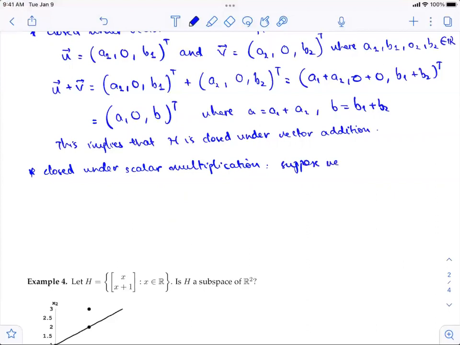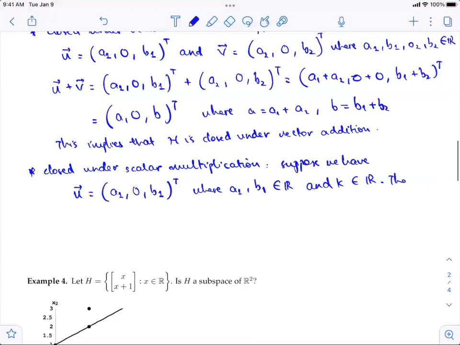Suppose we have a vector u of the form a1, 0, b1 transpose, where a1 and b1 are real constants in R, and k is also a real constant or a scalar.